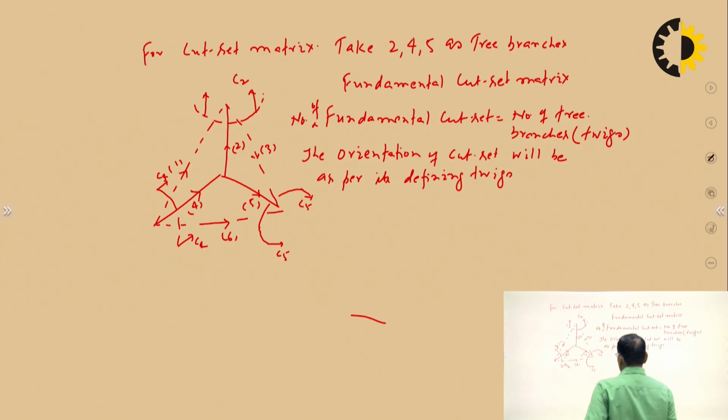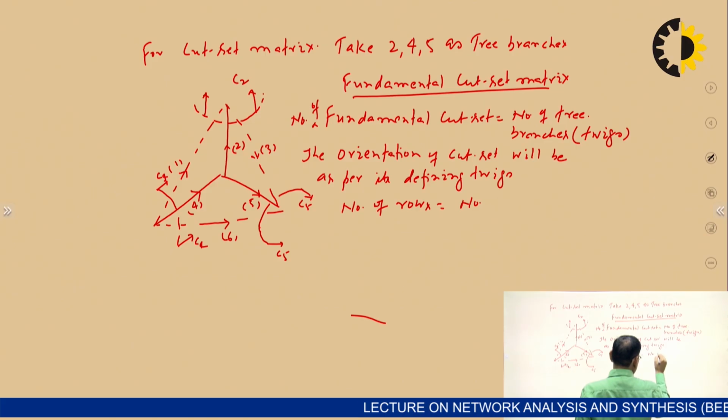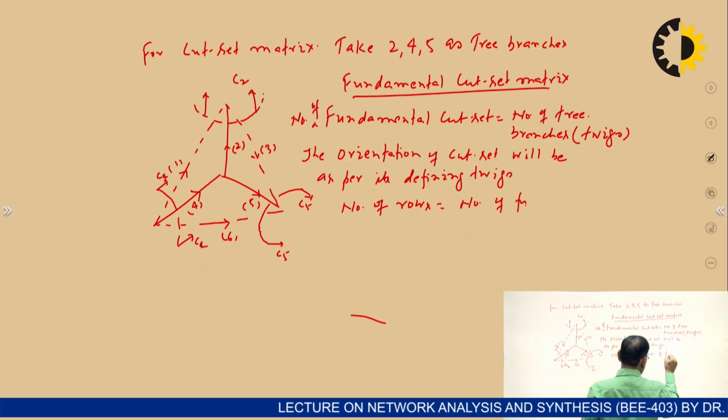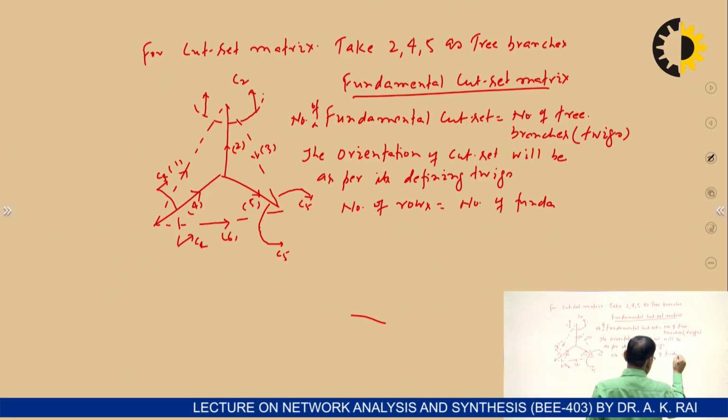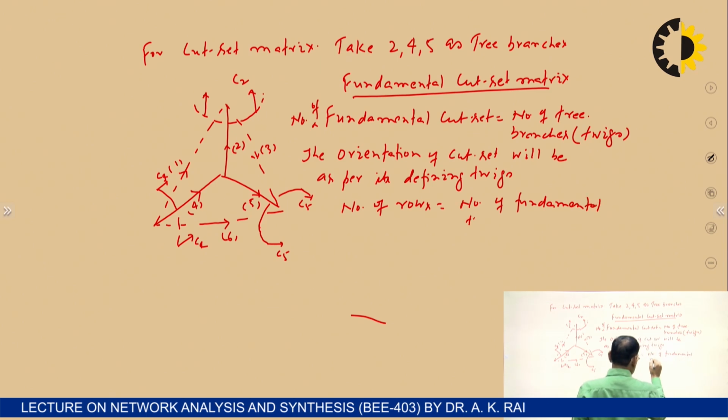So in the fundamental cut set matrix, number of rows equal to number of fundamental twigs.